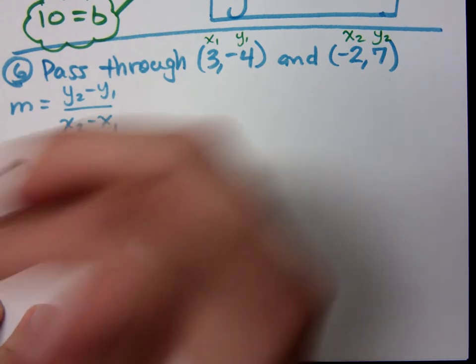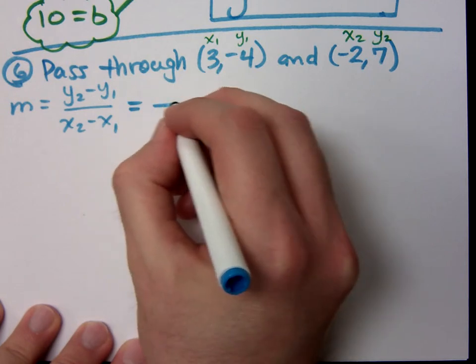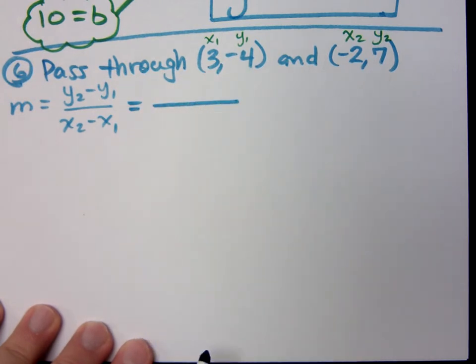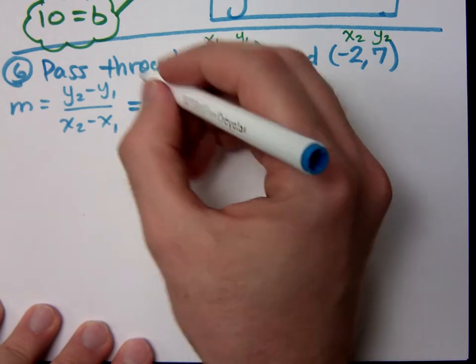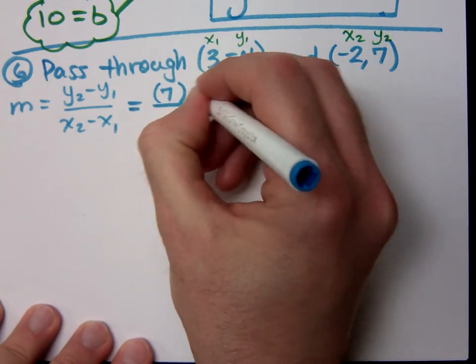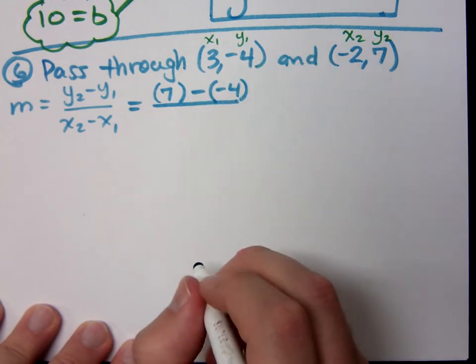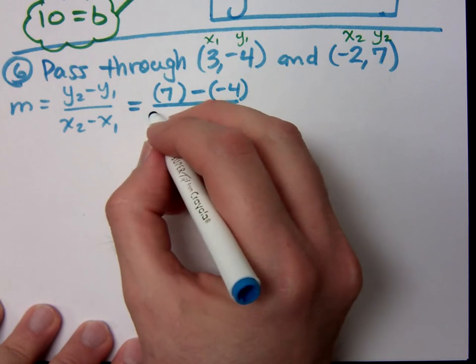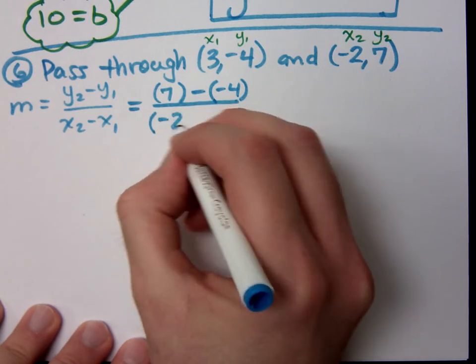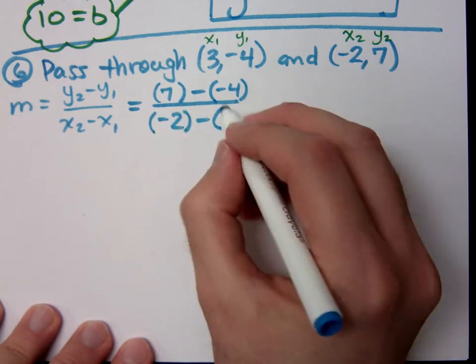So what is y2? Seven. y2 is 7, so parentheses 7 minus what's y1? What's x2? -2. -2 minus what's x1? 3.